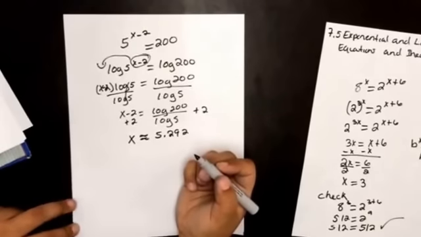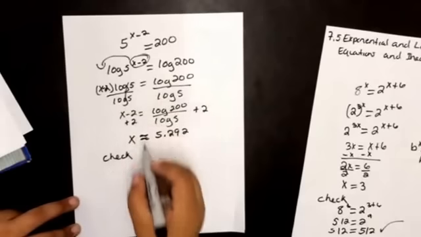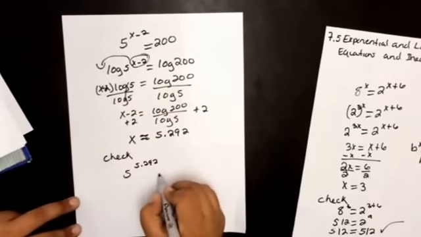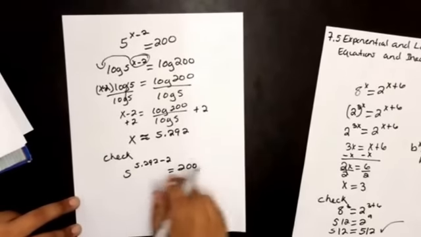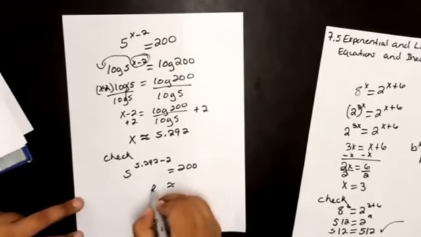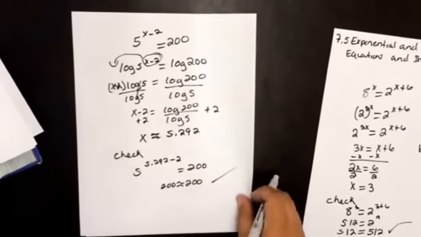So that's the value for x. Now you can check. So 5 to the 5.292 minus 2 equals 200. If you plug it into the calculator, you get close to 200. So it's a solution.